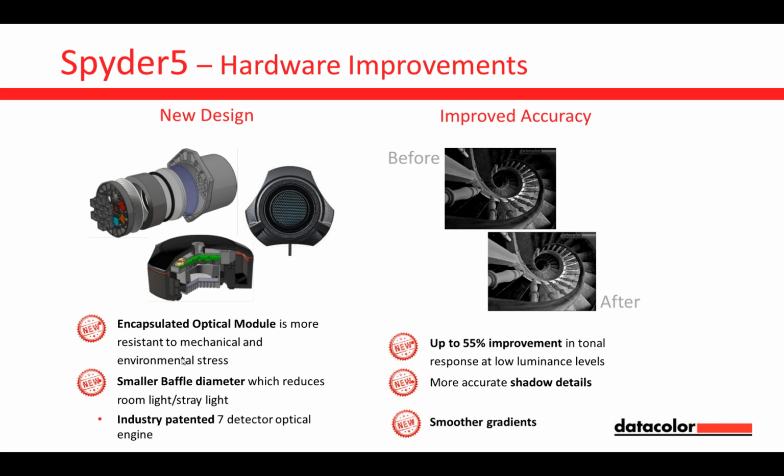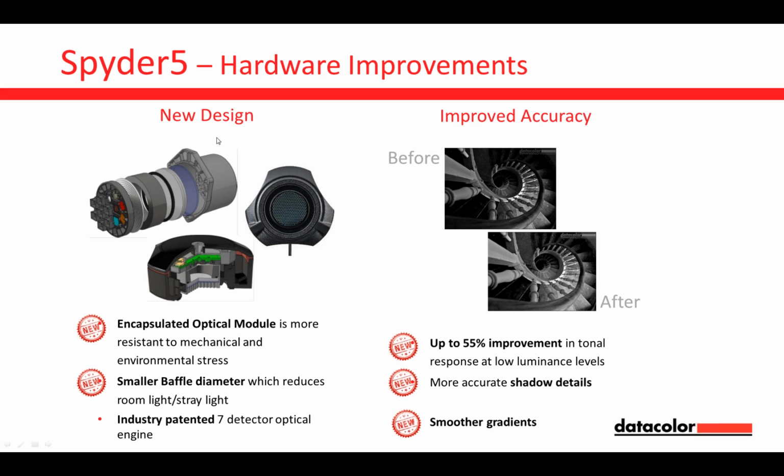So it's only the direct light from the monitor that goes through here. And again, we have the industry patented 7 detector engine. That's something that is unique at Datacolor, and this is what we have in here again.